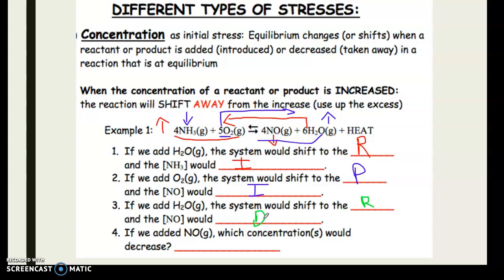So if we add NO gas, which is on our product side, which concentration would decrease? Well, that would be H2O, because NO increasing will shift towards the reactant side. And anytime we shift towards a side, we are increasing that side, and by default, whatever was on our side looks like it's decreasing.